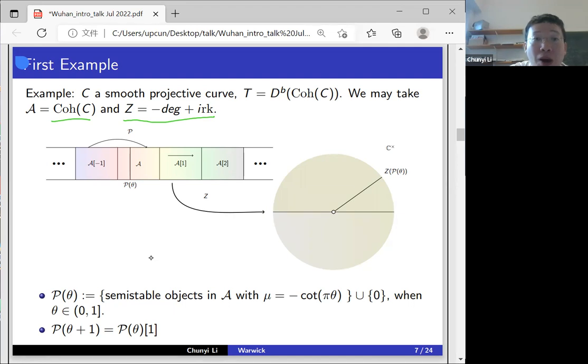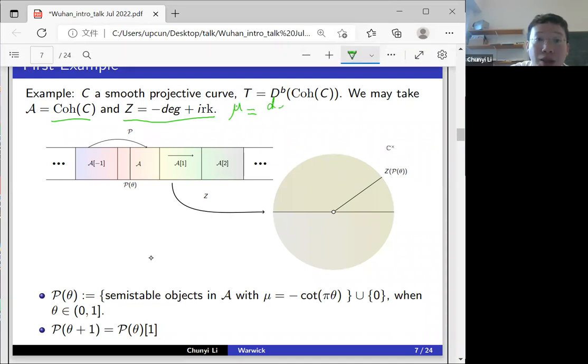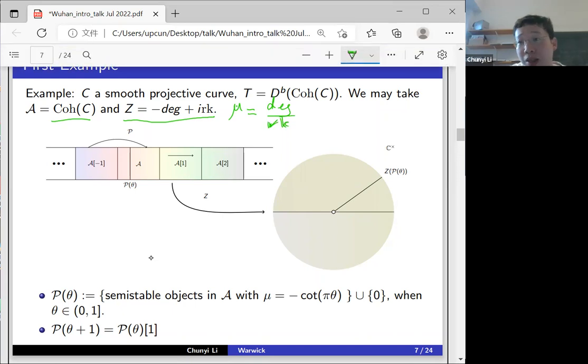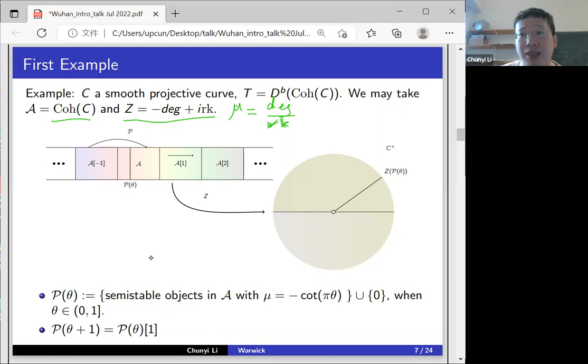Here the real part is minus degree. So take the minus of the real part over the imaginary part. So it's just the degree over the rank. That's the slope mu. And it's not very hard to show that it's indeed a stability condition on the triangulated category of that.